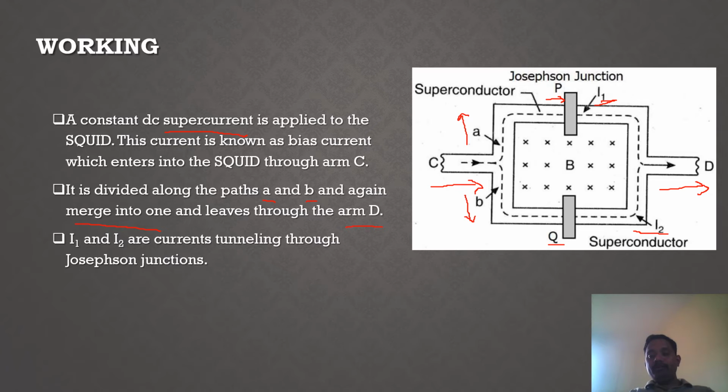And at point D, both currents I1 and I2 unite and emerge through point D.